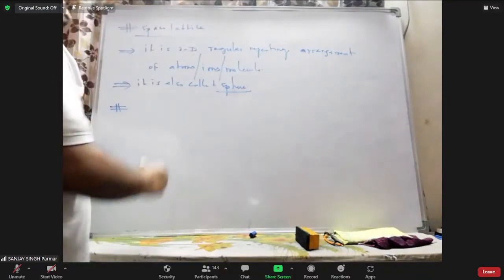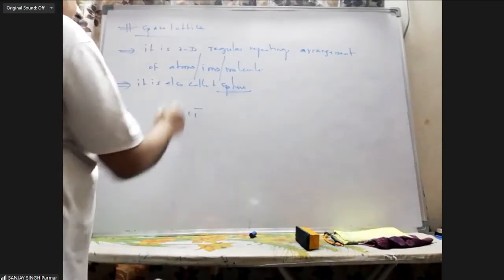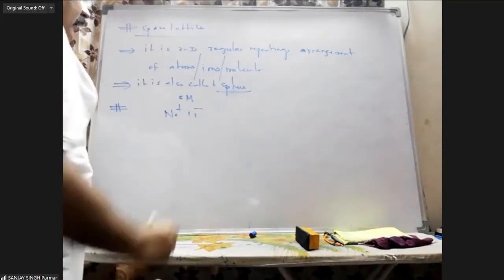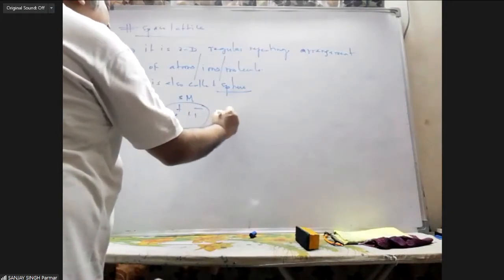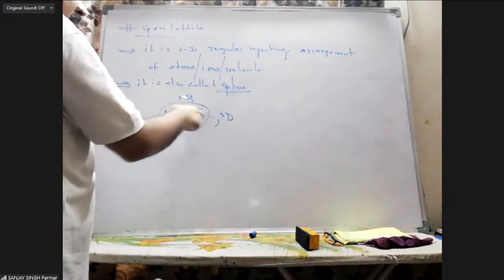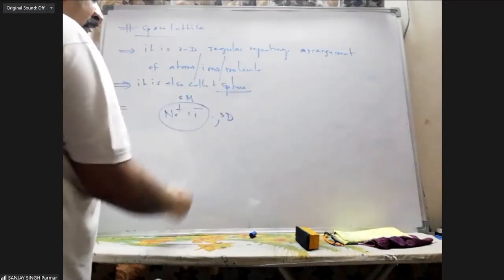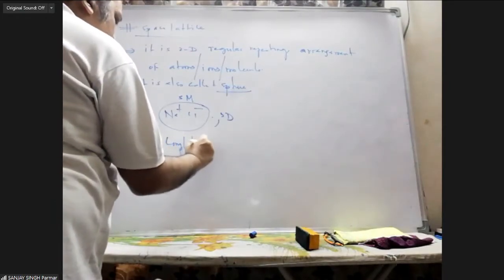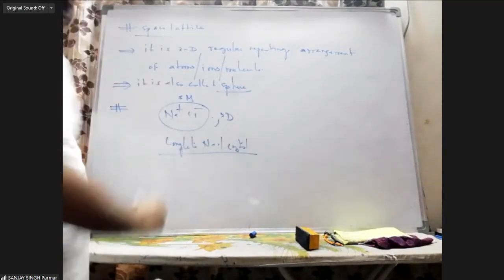Suppose we take the example of the structural motif. In the structural motif, if Na plus and Cl minus, the group of ions, are repeated in the three-dimensional way, we will get the complete NaCl crystal.